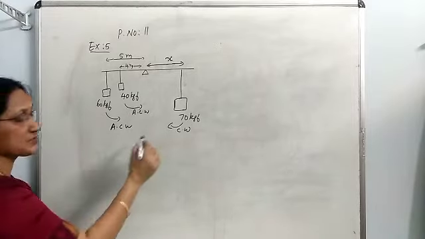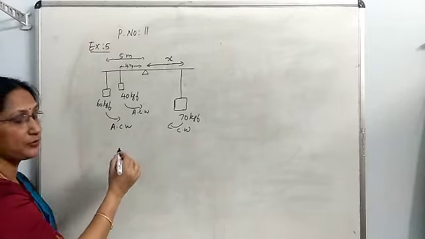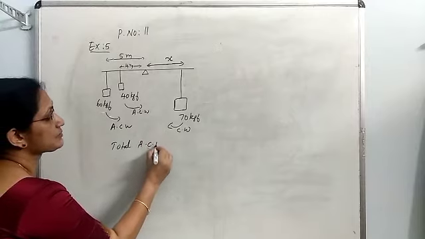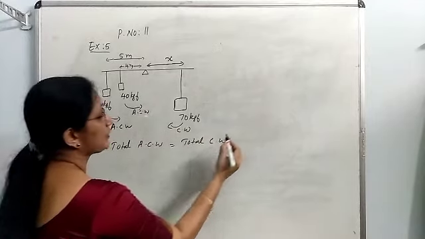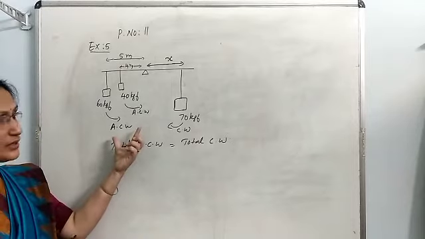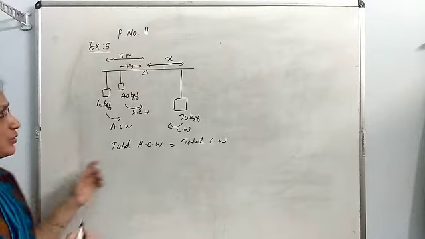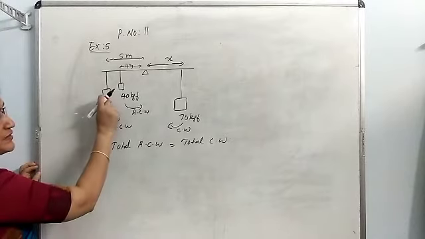So if the seesaw is balanced and in equilibrium, we can apply the principle of moments. That is, total anti-clockwise moment is equal to total clockwise moment. Two anti-clockwise moments are there. You have to find them separately and add them, then you will get the total anti-clockwise moment. How to find the anti-clockwise moment produced by this boy?